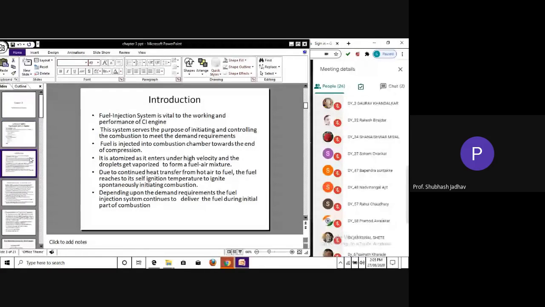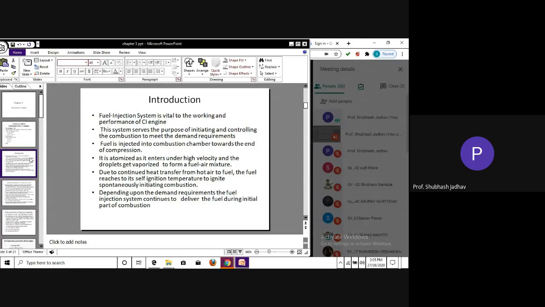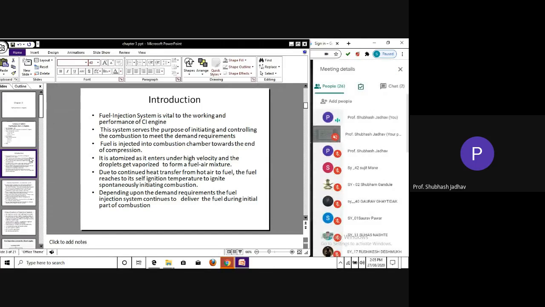Moving ahead, we have now the introductory part of this first slide, in which we are going to discuss the introduction to fuel system in CI engines. First we need to understand the difference between the fuel system in SI and CI. In SI systems, we generally know that we use a carburetor, and when a carburetor is used, we prepare a mixture outside the engine, and then that particular mixture is supplied to the engine cylinder.